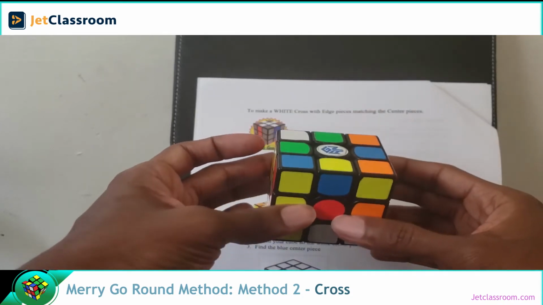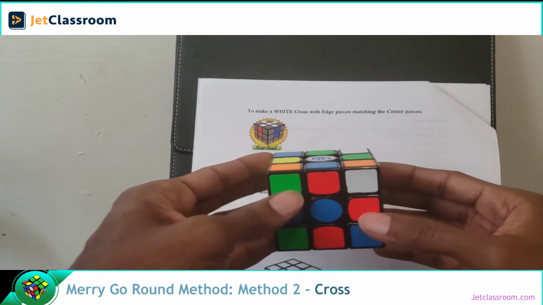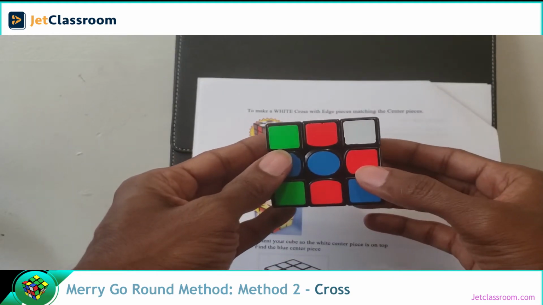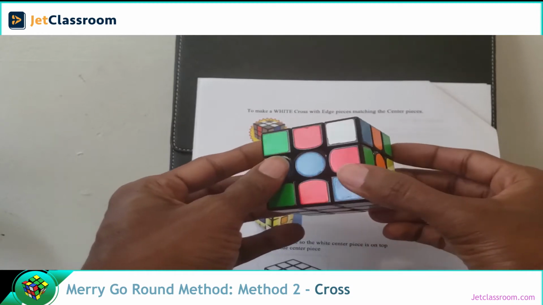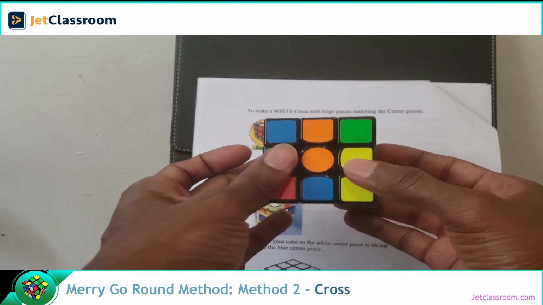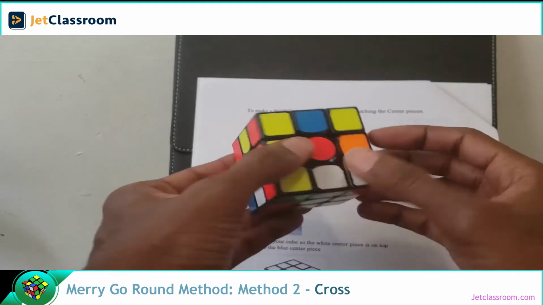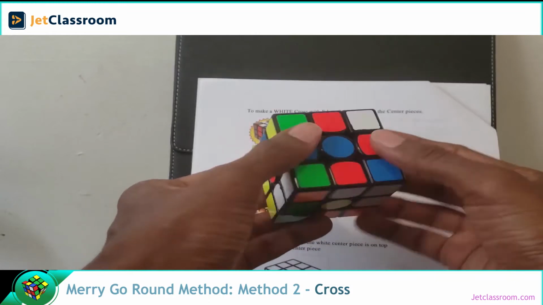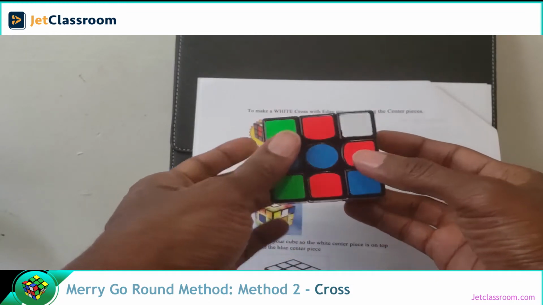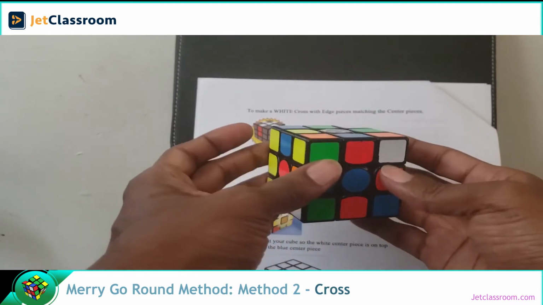So I want to look all around my cube and find the white and red edge piece. This sometimes is a little tricky for kids because they don't necessarily have a really well developed attention span or focus, but they will find it. Sometimes they'll complain and say, "Oh, I can't find it." You just make them keep looking because everything that you ask them to find is on the cube.